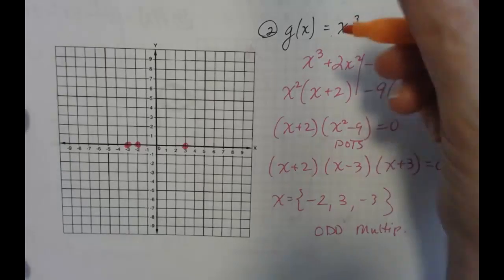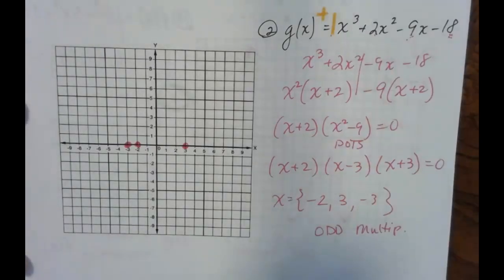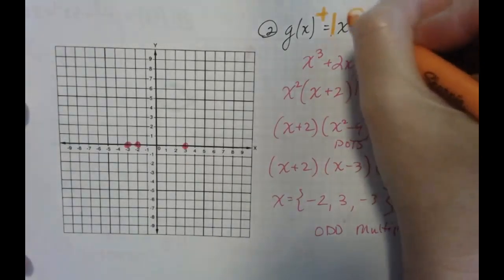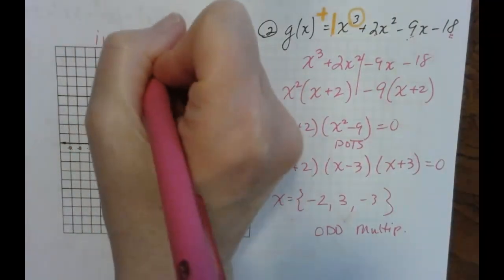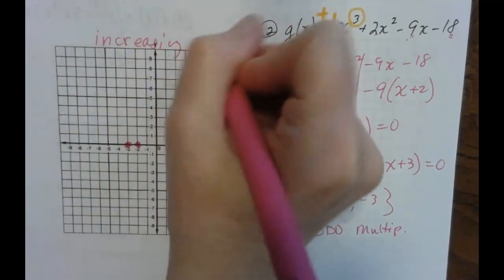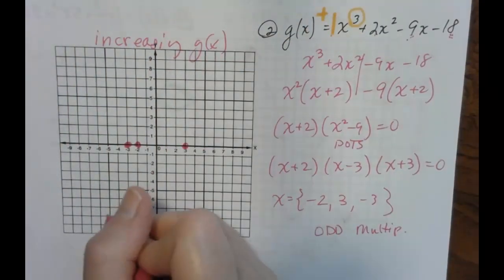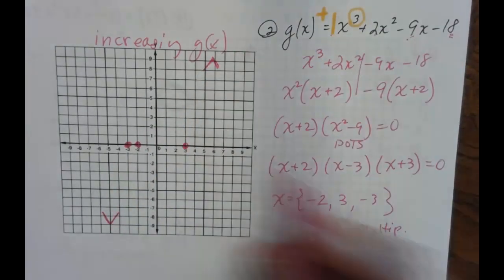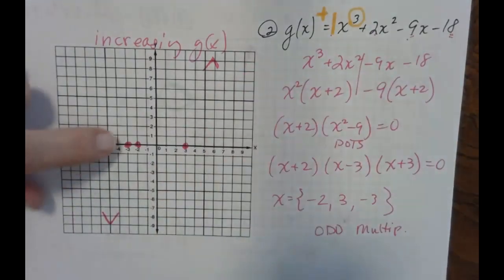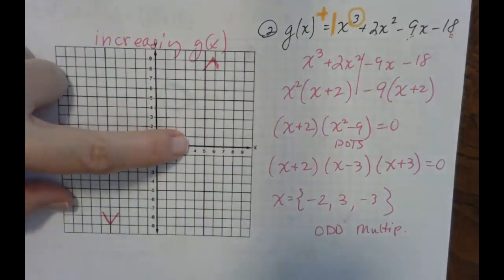Our leading coefficient is +1. Our degree is 3. So we have an increasing function. So if it's increasing, we are going from the bottom to the top, left to right. So passing, passing, passing.